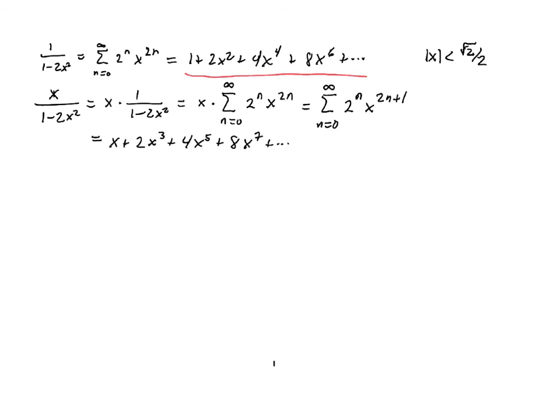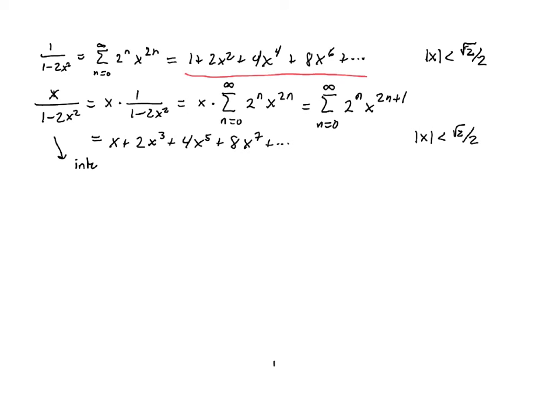Now, polynomials can be integrated and differentiated term by term, and we can do the same thing with these power series functions. One thing to keep track of as we do this is the radius of convergence. And so what we're going to do is integrate this function that we've just found the power series expansion for.